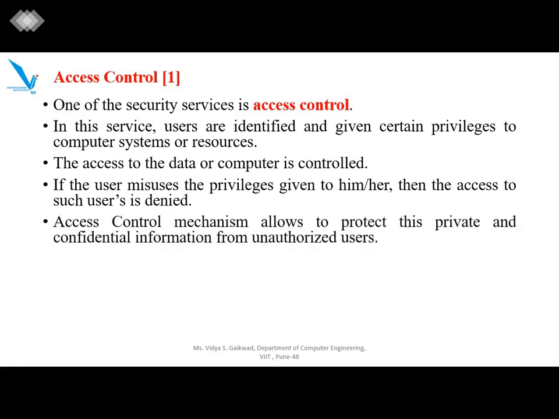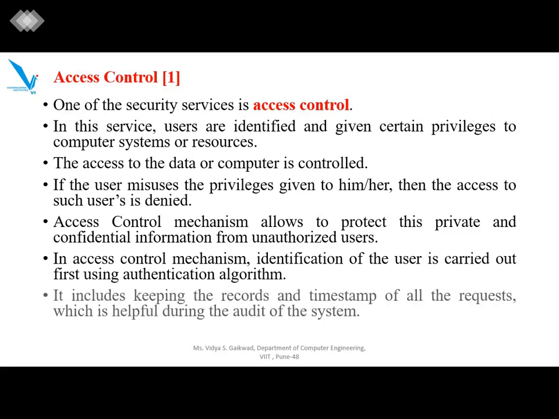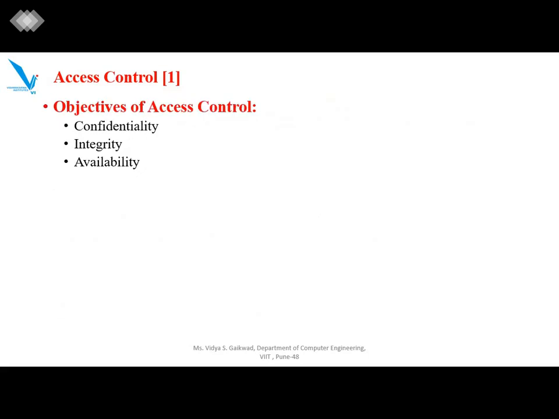The access control mechanism allows us to protect private and confidential information from unauthorized users. In the access control mechanism, identification of the user is carried out first using an authentication algorithm. It also includes keeping records and timestamps of all the requests, which is helpful during the audit of the system.